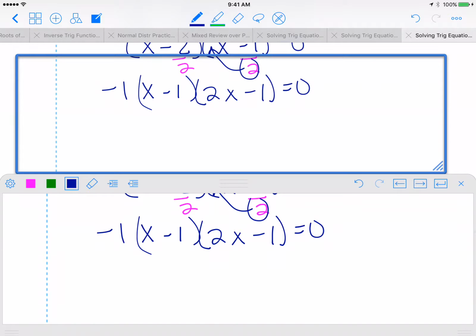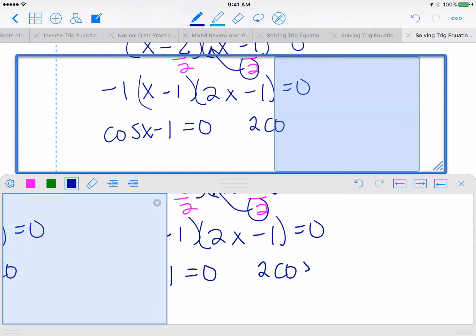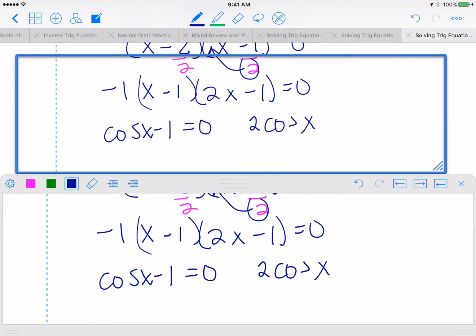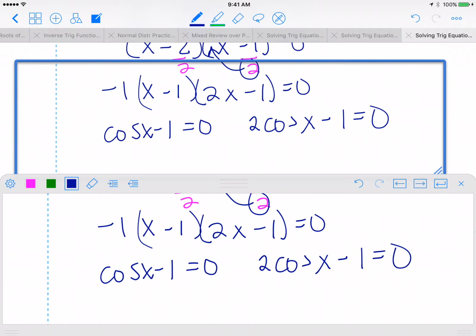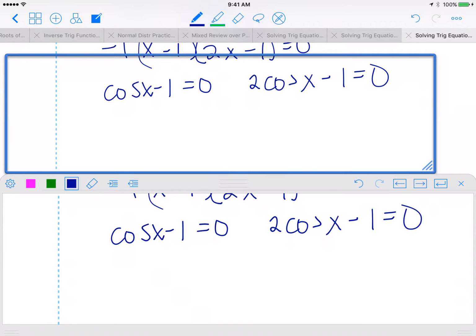But now we can say 2 cosine of x minus 1 is equal to 0. And then cosine of x minus 1 equals 0. So let's look at this. Cosine x minus 1 equals 0. And then 2 cosine x minus 1 equals 0.